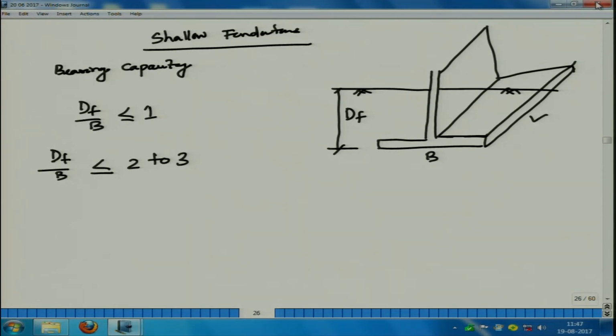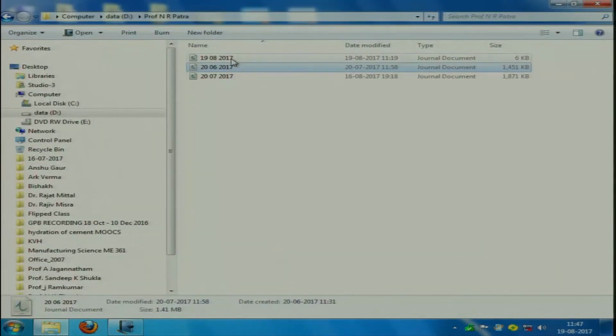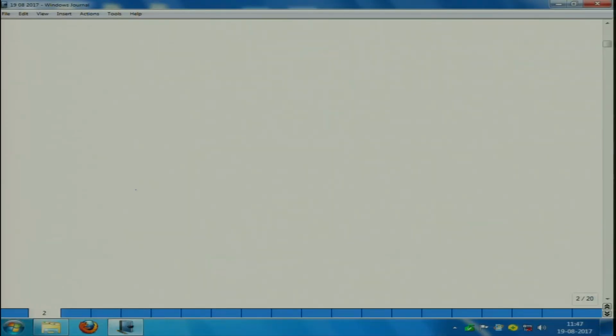Now, with these descriptions, let me go to the next part, that is the design of foundations.